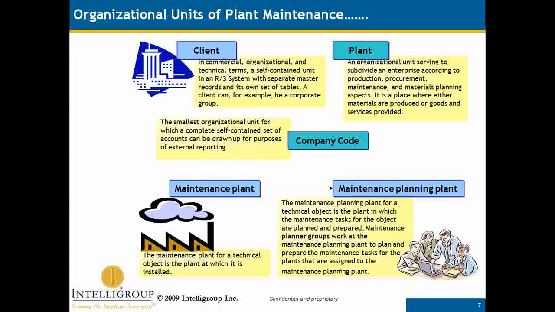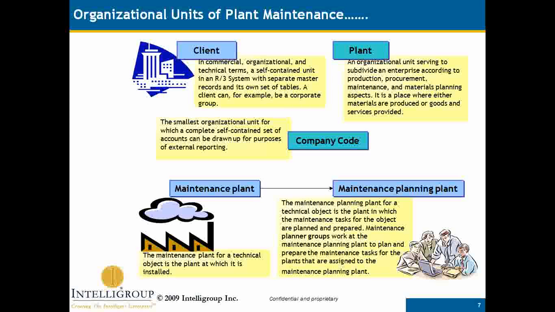And the planning plant is where the planning activities are done. Is there any questions? The maintenance plant means the physical location of the plant and the execution of the maintenance. Where the physical object is located, there only you can do the execution.